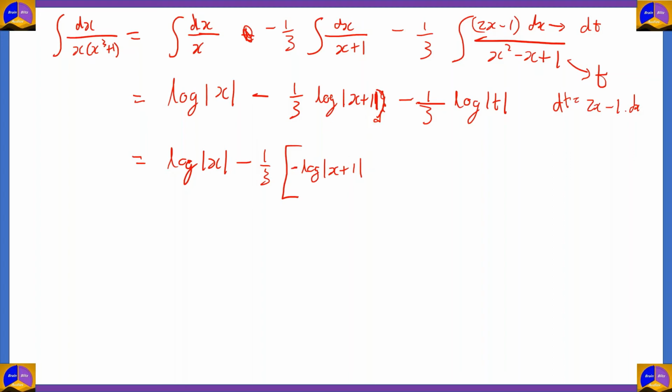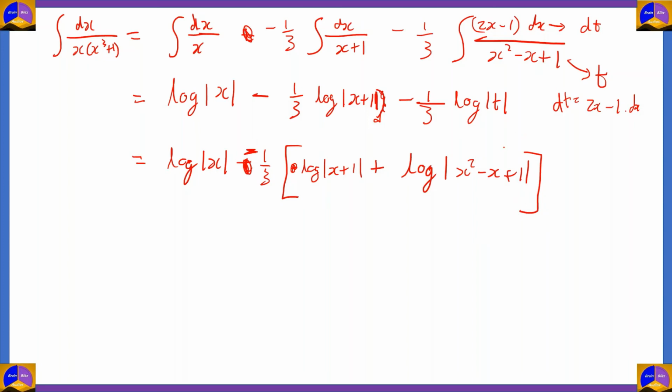Actually, pulling out a minus is better, because if you pull out minus 1 by 3, then you'll have plus on both sides. Both of these terms will be positive. So we'll have log mod x plus 1 plus log mod t, and instead of putting t, let's put the value of t, which is x squared minus x plus 1.